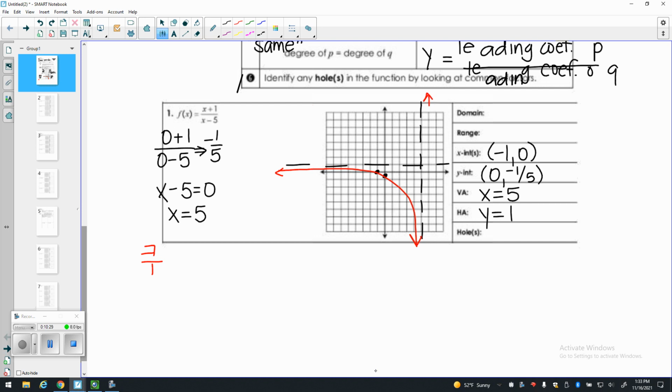Now, you usually know that it runs right on the horizontal, but you have to make sure it doesn't come down. So now pick like 10. If I put 10 in, 10 plus 1 is 11 over 5. Is that number getting bigger, or is it getting close to 1? It's getting close to 1, right?